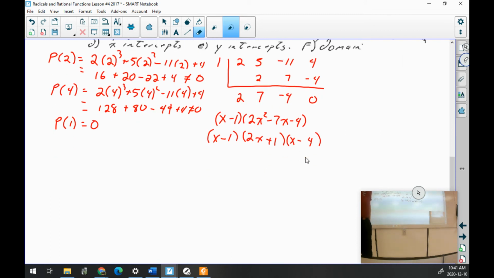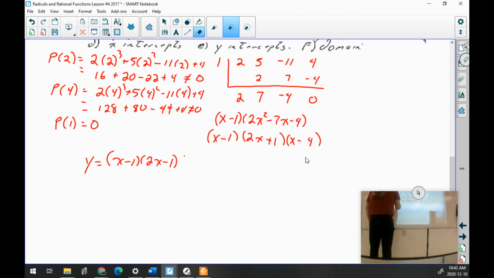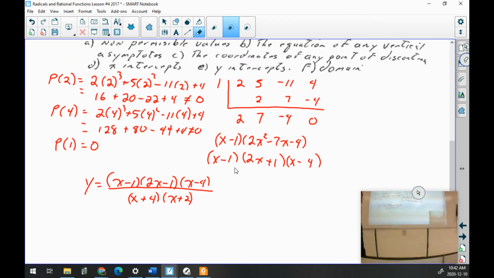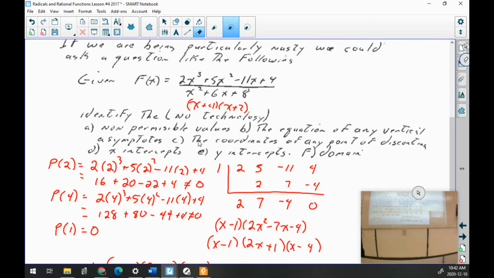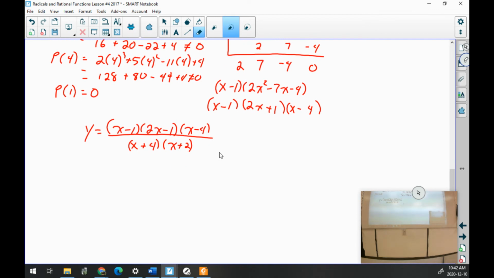Now, what we have is our expression. Make sure that's going to work out. Okay. So, like I said, this particular one is nasty and probably wouldn't show up very often, but we'll end up with this.